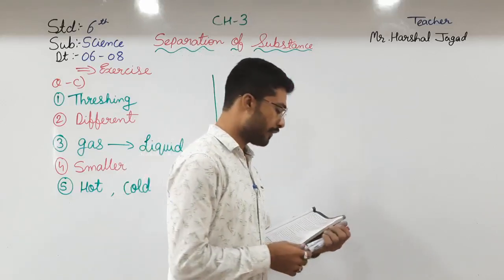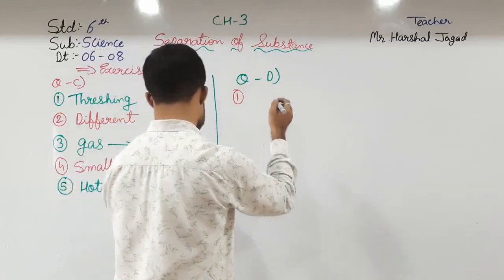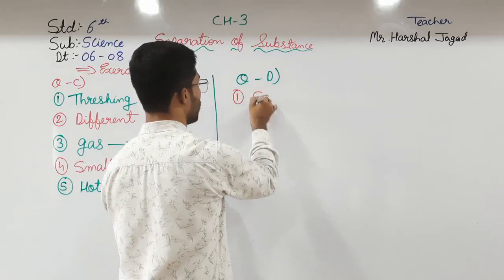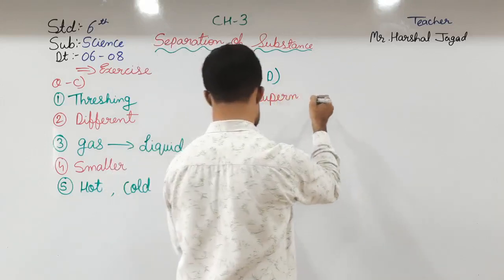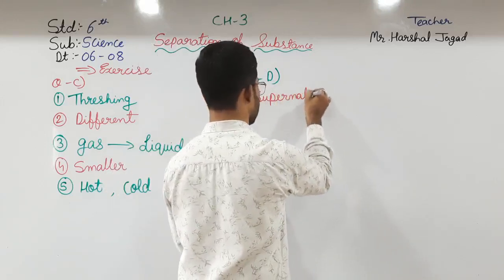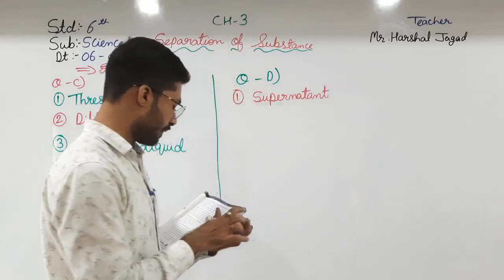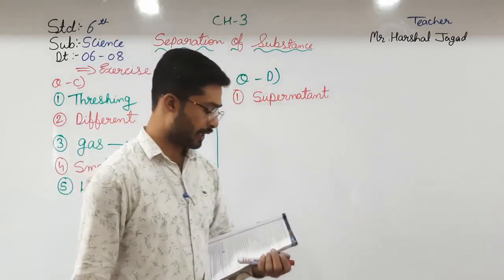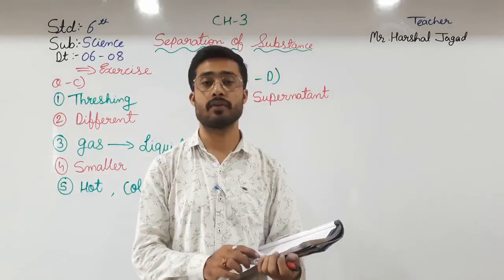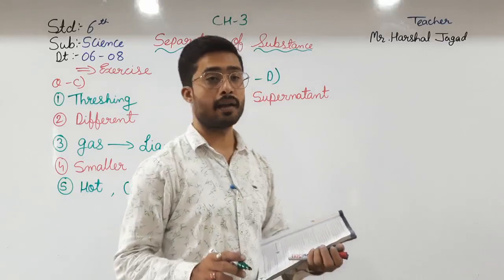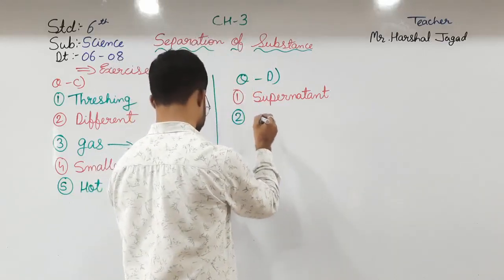So here in the first it will be supernatant. Then, the process of pouring out the clear upper liquid without disturbing the sediments is known as decantation. So the second one is decantation.